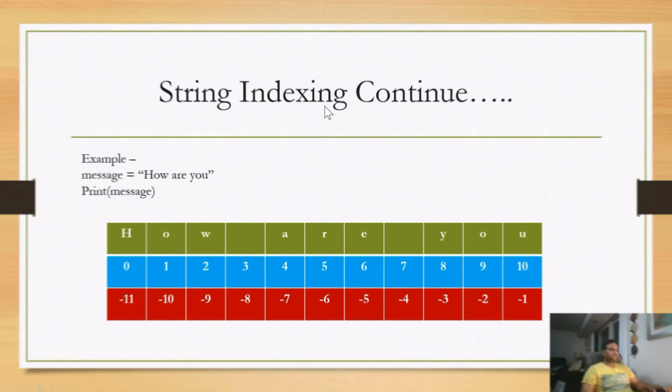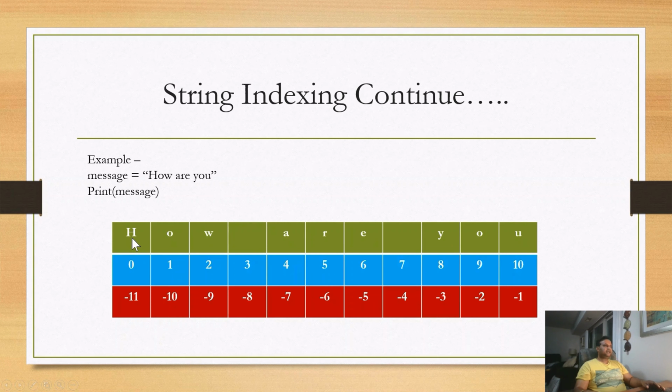Like the indexing concept, if you see, h is assigned 0, and then o is assigned 1, w is assigned 2. So from left to right, you are going to increment by 1. So this is positive indexing.